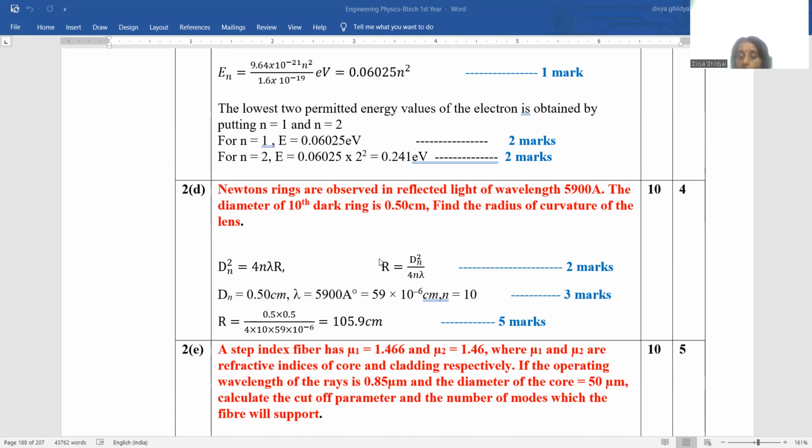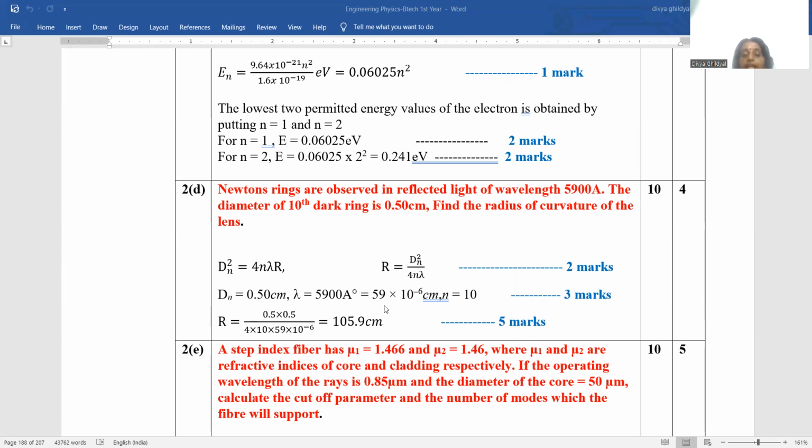If I write this formula and I tell what the terms stand for, like lambda is wavelength, dn is diameter of the nth ring, n is the number of that ring which I am talking about, then I will get 2 marks. Then I will put the numerical values given to me and make the conversion system uniform.